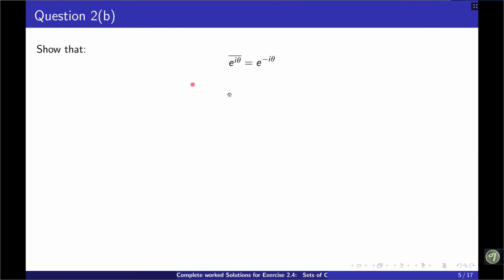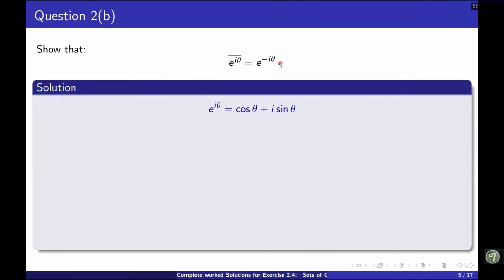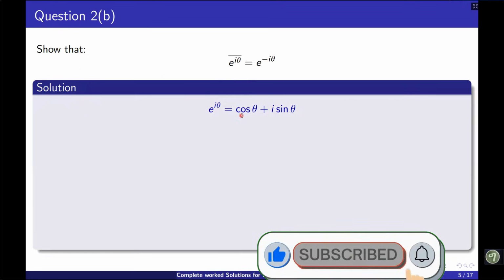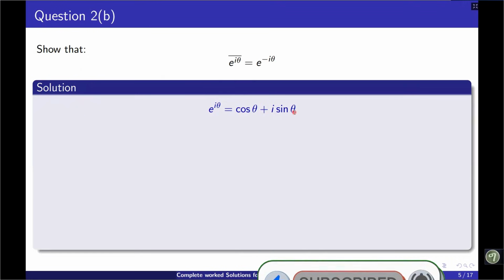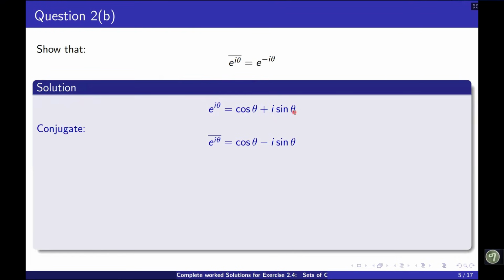Next, we are asked to show that the complex conjugate of e to the power of iθ is equal to e to the power of minus iθ. We have e to the power of iθ equal to cos θ plus i sin θ.